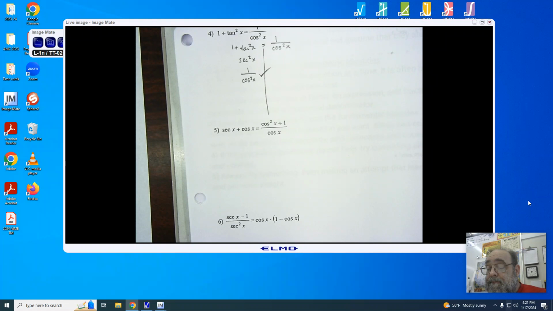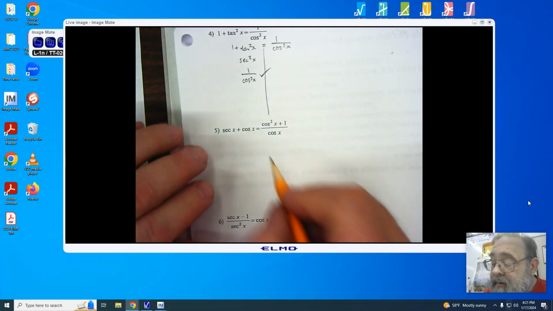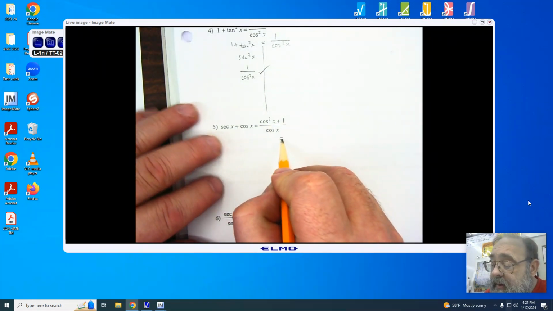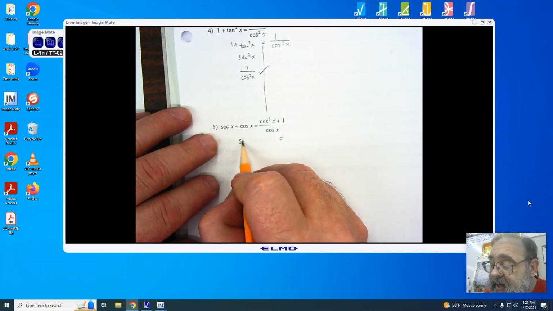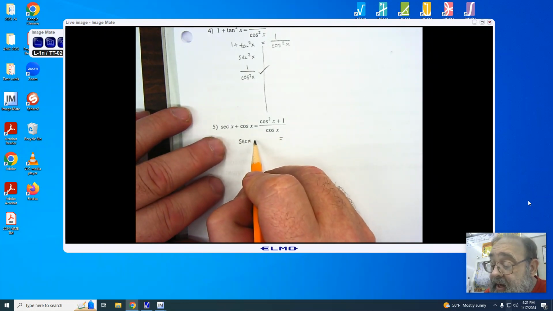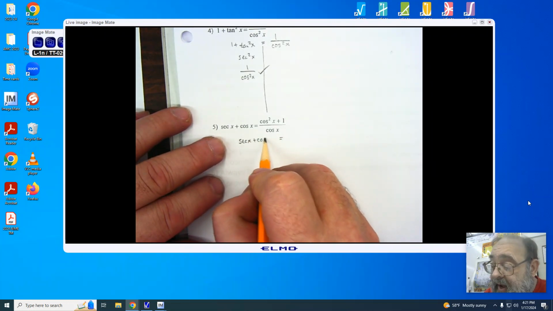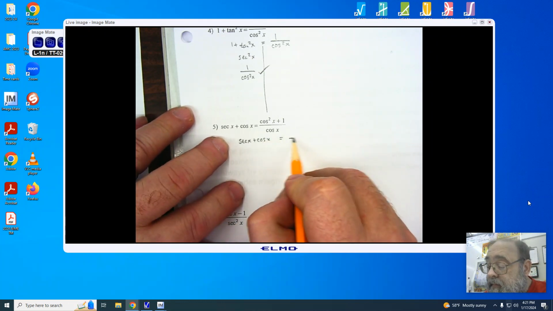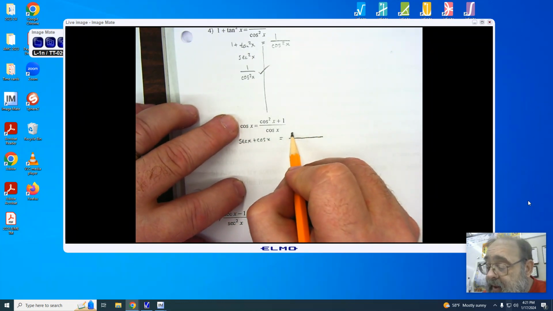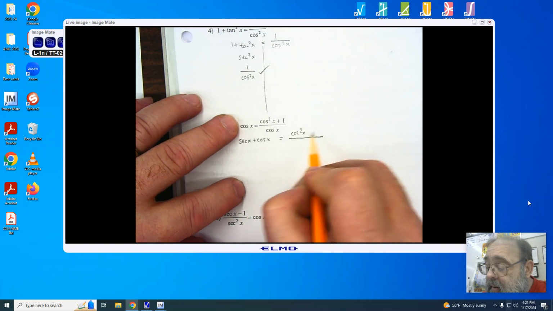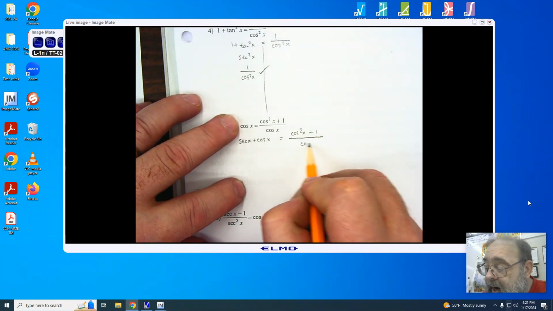For our next one, once again, divide it into its two sides. The left side is the secant of x plus the cosine of x. And the right side is going to be the cosine squared x plus 1 over cosine x.